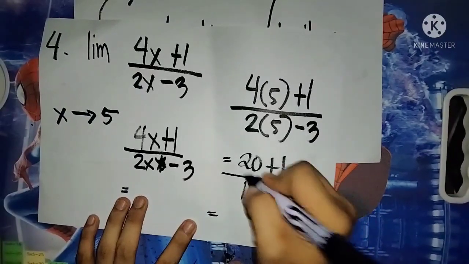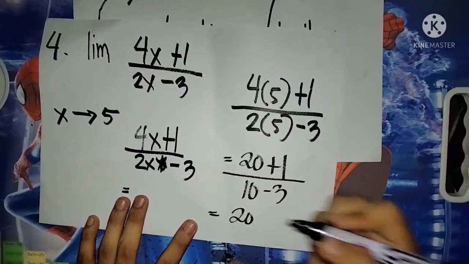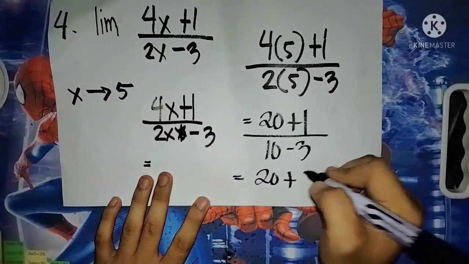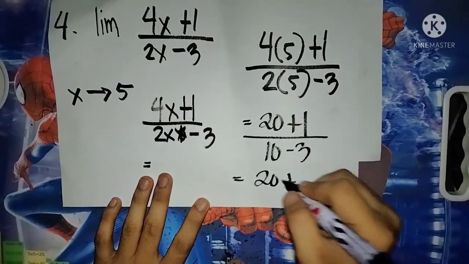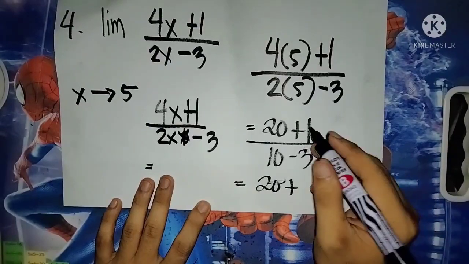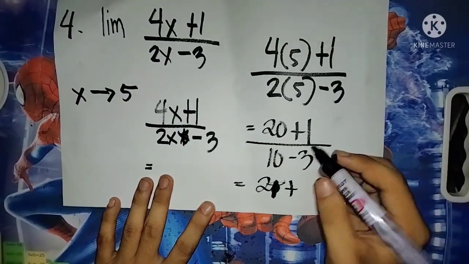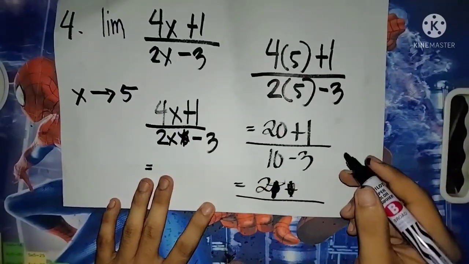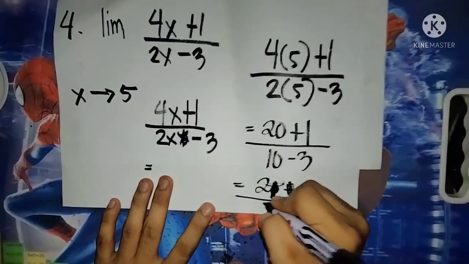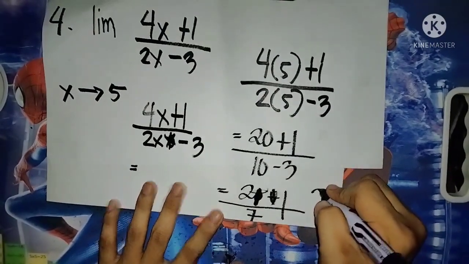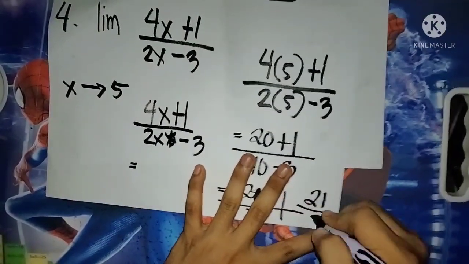So 20 plus 1, we have 21, over 10 minus 3, which is 7. So we have 21 over 7.